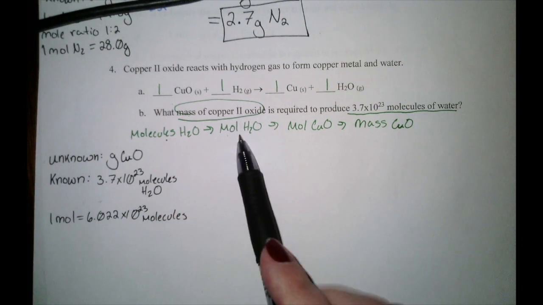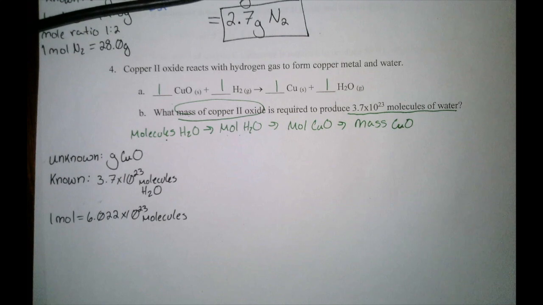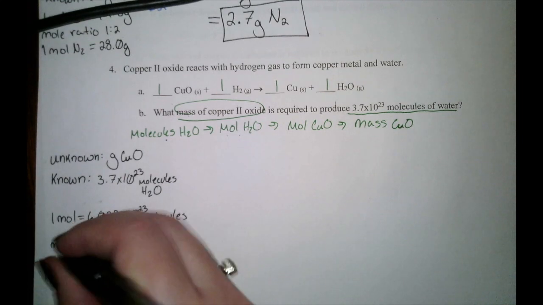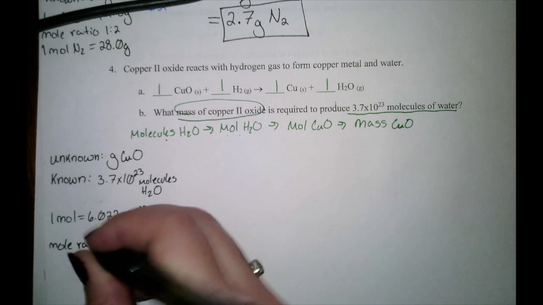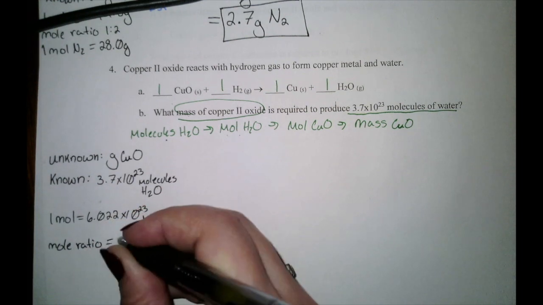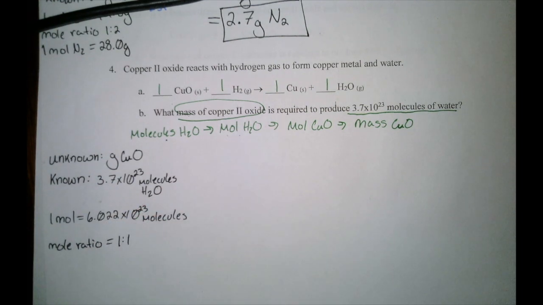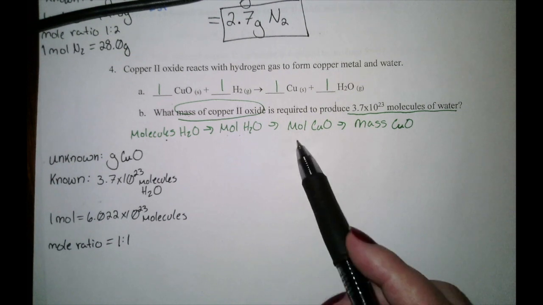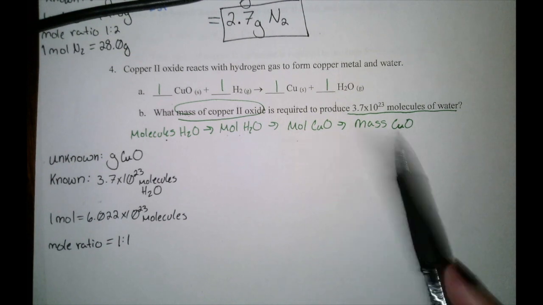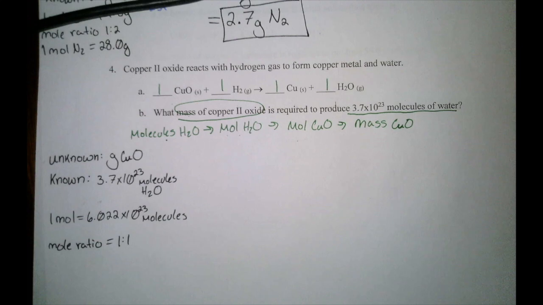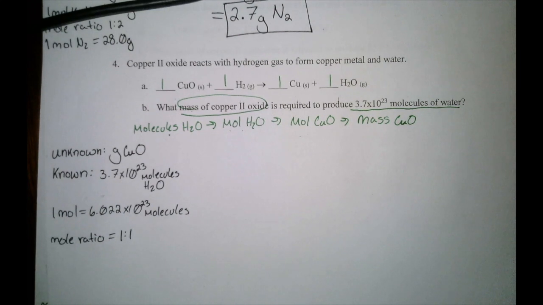Then we need to convert from moles of water to moles of copper 2 oxide. That requires us to use the mole ratio. Luckily for us, everything in this equation has a mole ratio of 1:1. Lastly, we need to take our moles of copper 2 oxide and convert it to mass in grams of copper 2 oxide. Anytime we're converting between moles and mass, we need to use the molar mass.